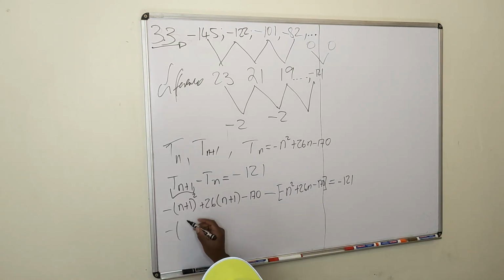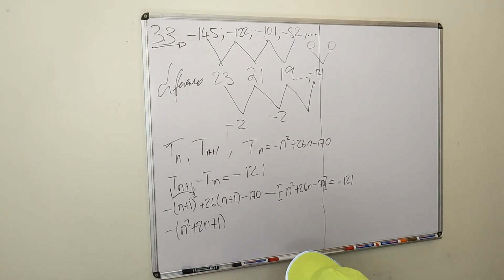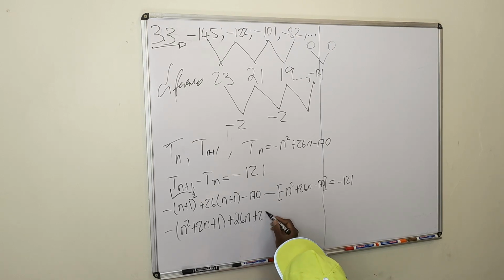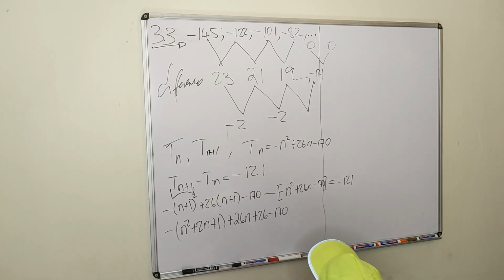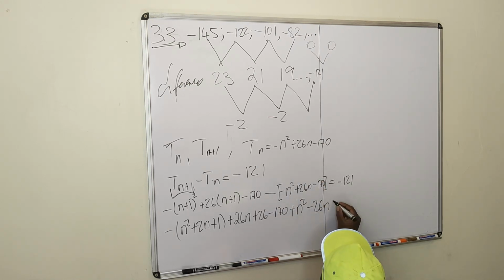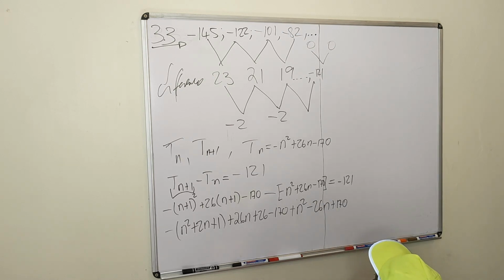So you have negative n squared plus 2n plus 1, right? Plus 26n plus 26 minus 170, minus. So multiplying this inside: plus n squared, this times that, minus 26n, this times that, plus 170, right, is equal to minus 121. What do we have? This and that guy go away, right?